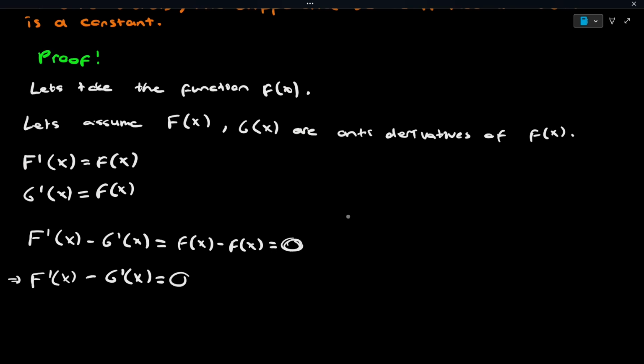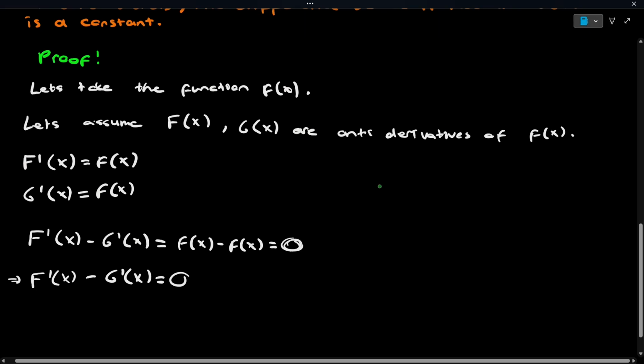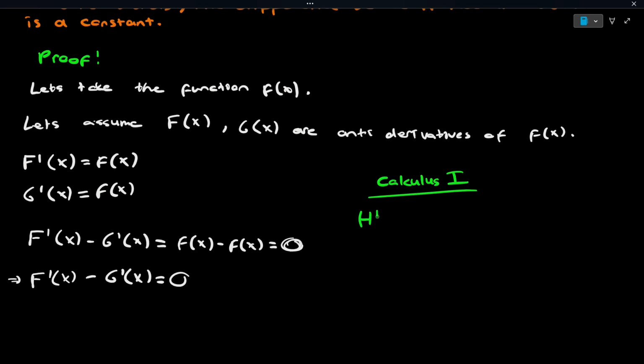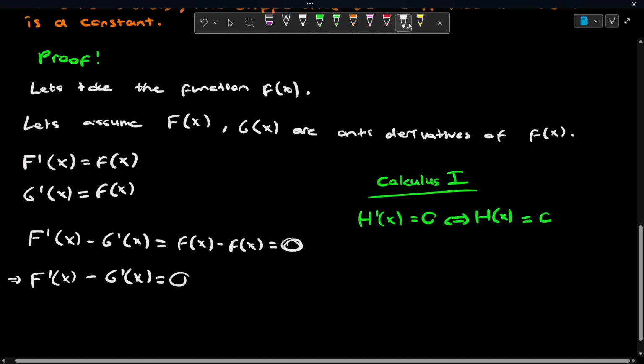From calculus 1, I know that if I differentiate a function and it's equal to 0, this is only possible when h of x is equal to a constant. Derivative of a constant is equal to 0.